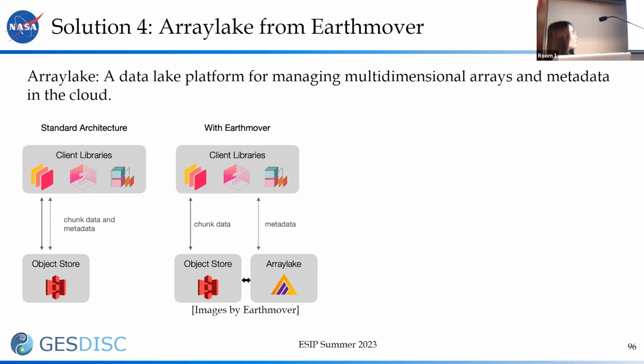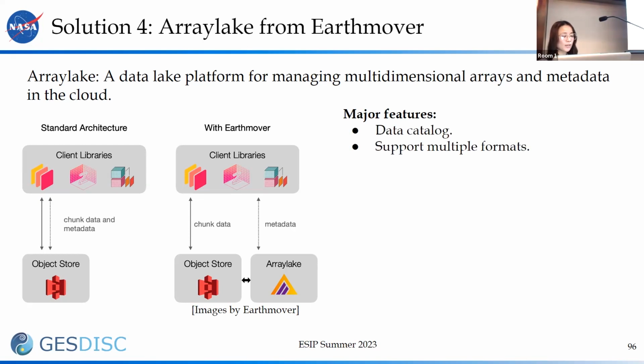But now with Earthmover, we still store the chunk data in S3, but the metadata will be managed by this platform. And that gives it a few major features like a data catalog supporting multiple formats, so certainly Zarr, and I believe also NetCDF along with others, access control, data governance, and version control, which is relevant for our problem of a dynamic Zarr store.